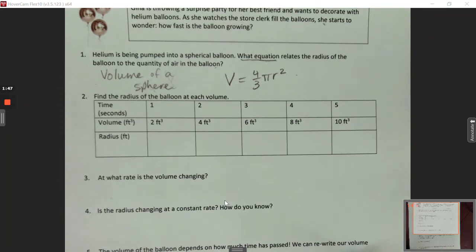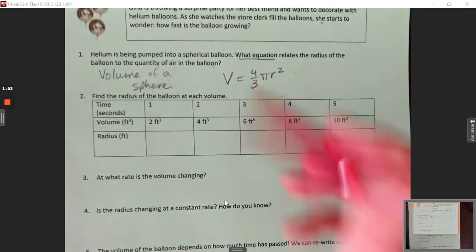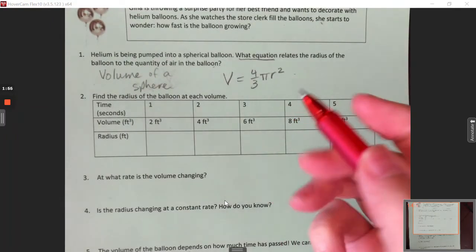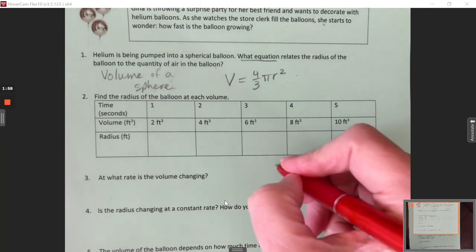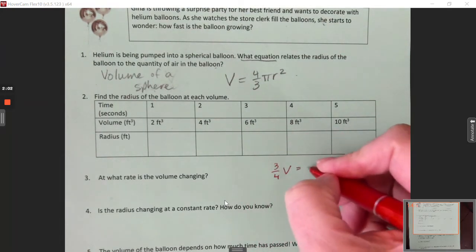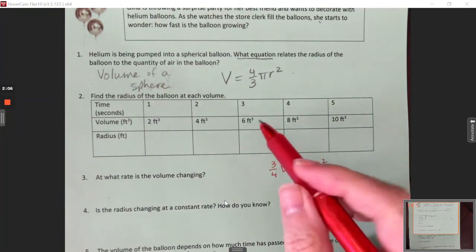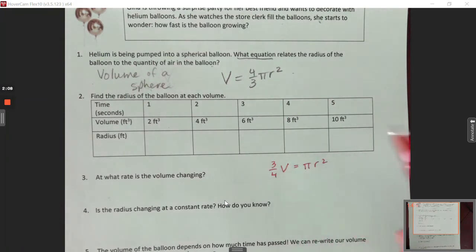So find the radius of the balloon at each volume. They're giving us the volume. I'm going to take this formula and manipulate it so the radius is alone. First thing I'm going to do is multiply by 3/4. So 3/4 V equals pi r squared, because dividing by a fraction means multiply by the reciprocal.